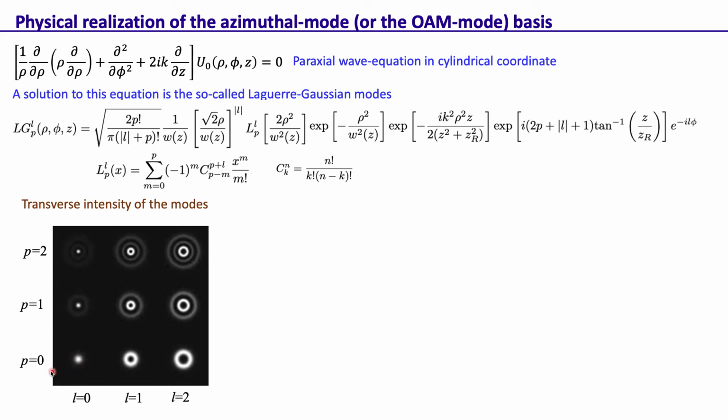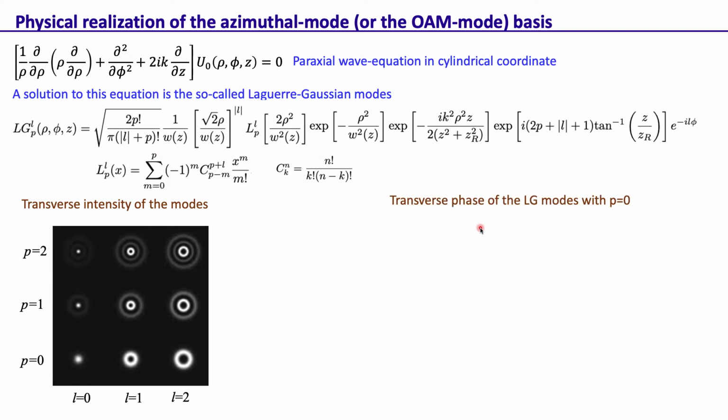For P equal to 0 and L not equal to 0, it's like a donut mode, and if we increase the L value at P equal to 0, the size of the donut just increases. Now at a given L, if we increase P, then the number of rings increases. So with L equal to 2, P equal to 2, we have 3 rings here, and that's the transverse intensity profile of this mode.